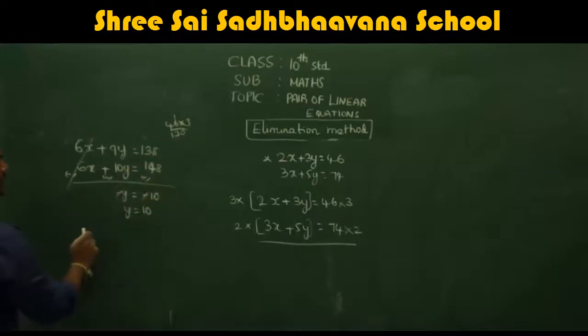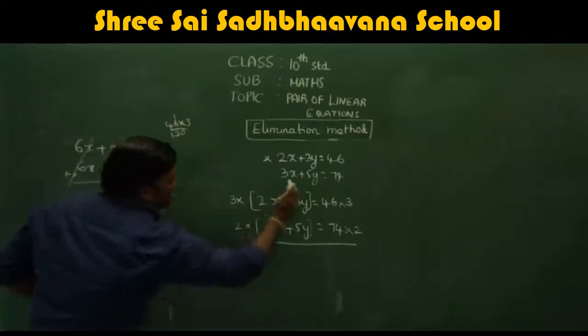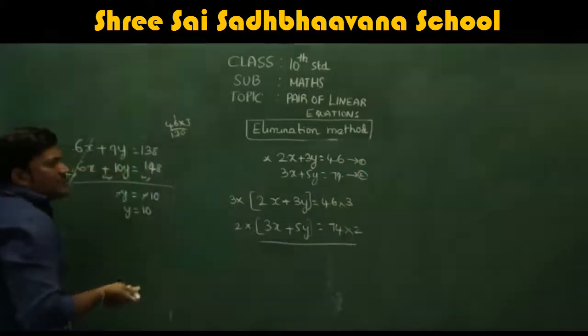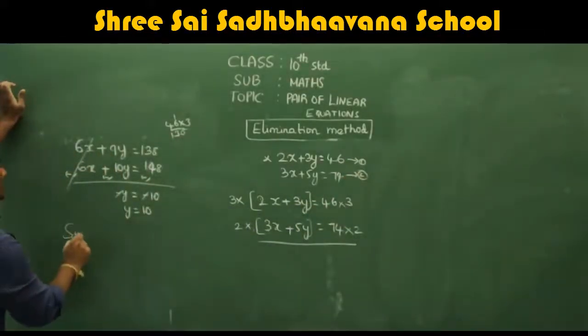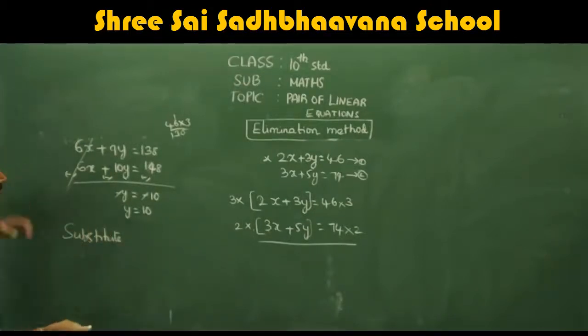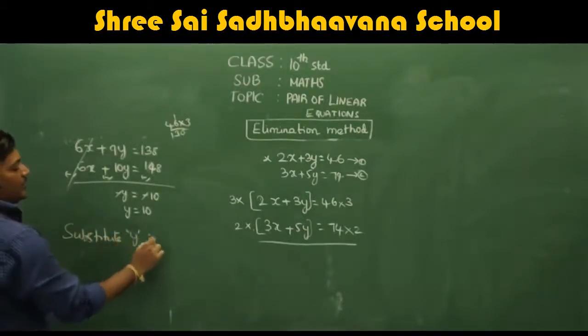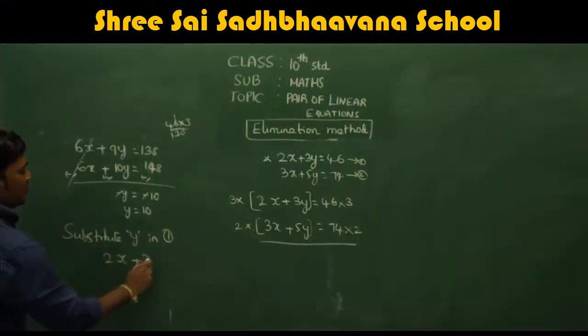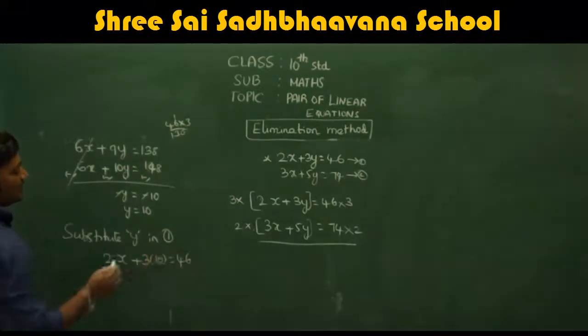Substitute in any of these equations. This you take as equation 1. This you take as equation 2. Any one you can substitute. As I told you, pick the easier one. Substitute y in 1. So 2x plus 3 into 10 is equal to 46.